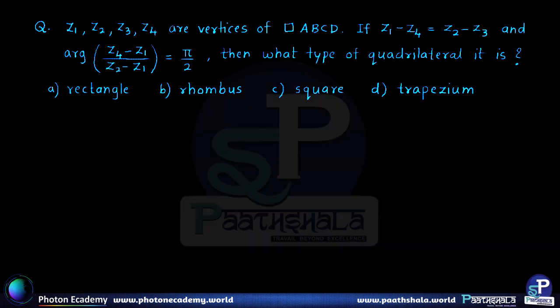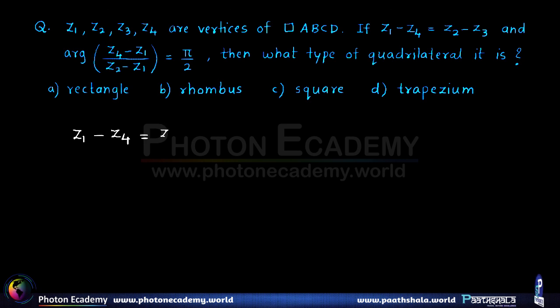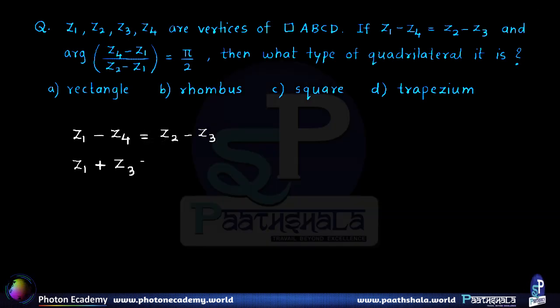Now here, as per the convention, the 4 points are given in the same order as A, B, C and D. Now if you look at the condition given, which is z1 minus z4 is equal to z2 minus z3, if we transpose the negative terms to the other side, we get z1 plus z3 is equal to z2 plus z4.